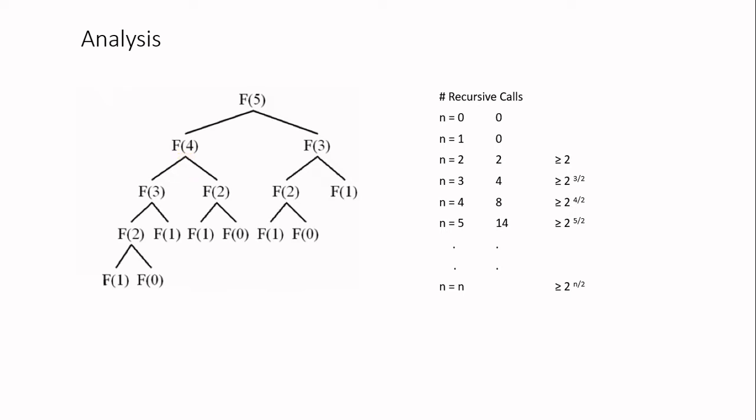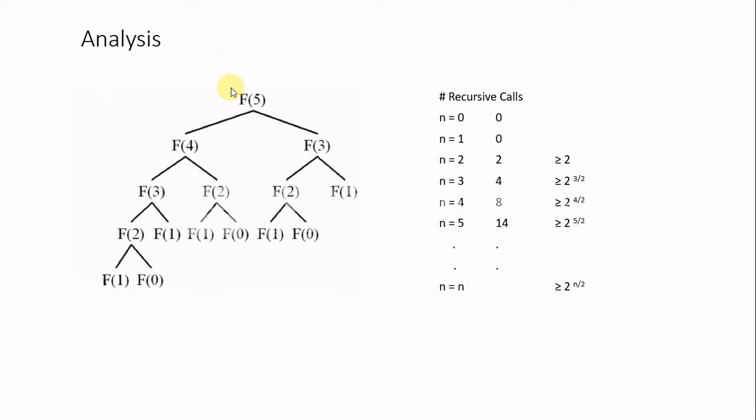So f4 and f3 are called. Then f4 calls f3 and f2. f3 will call f2 and f1, f2 will call f1 and f0. f1 will return 1. Then f2 will in turn call f1 and f0. Then this f3 will call f2 and f1, f2 will call f1 and f0. So this is for n equal to 5.